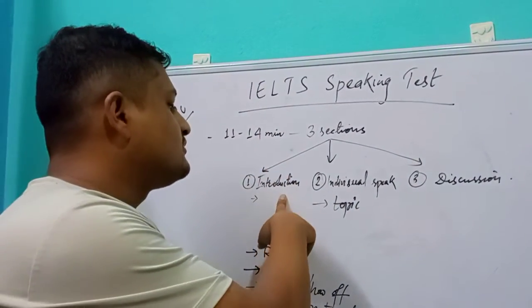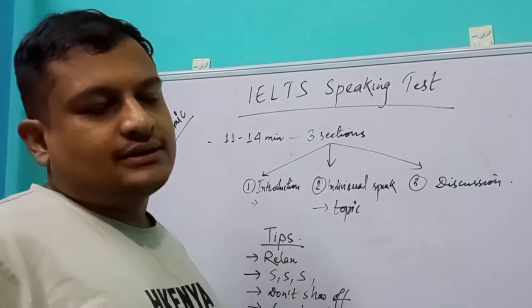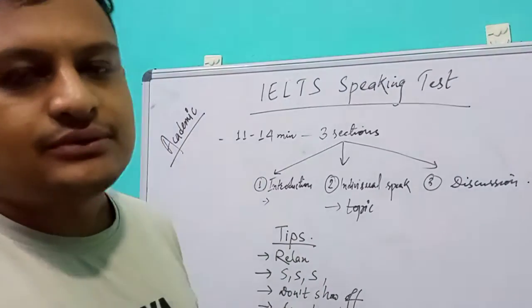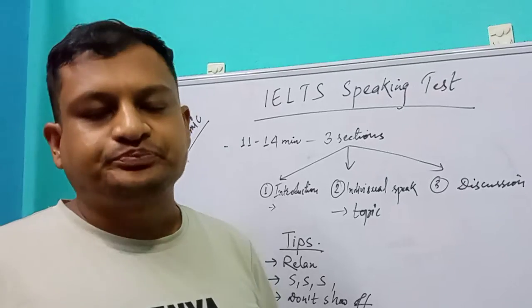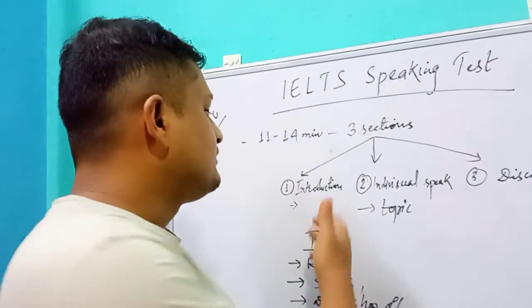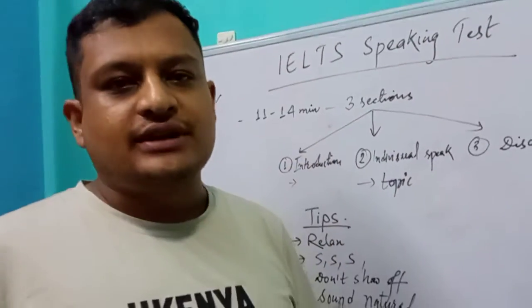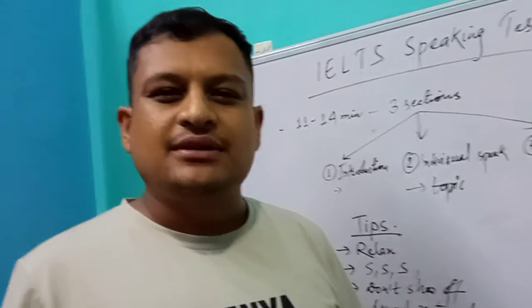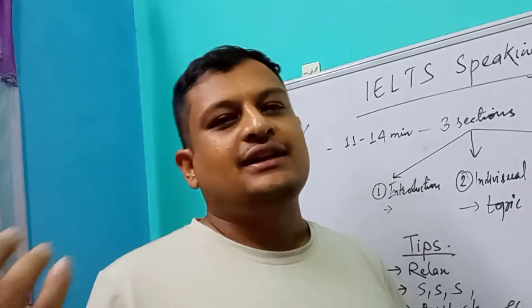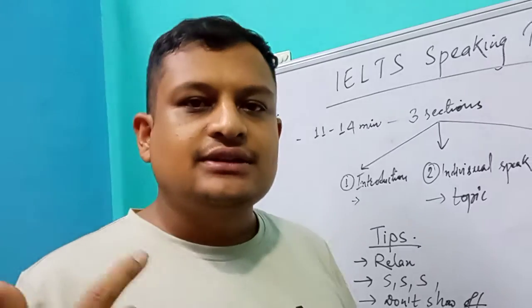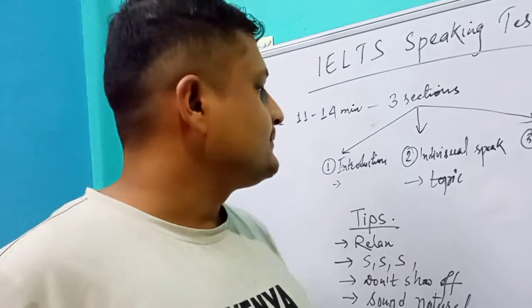So first will be the introduction part where the interviewer will tell you to introduce yourself, and then that will be followed by a few other questions about your hometown, that can be about your hobby or anything else. Okay, whatever the interviewer feels like asking.